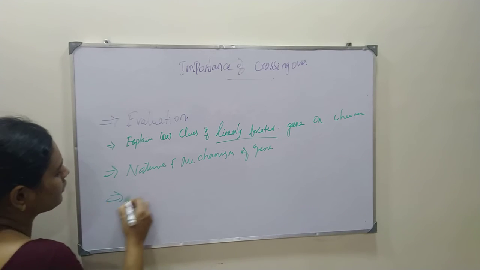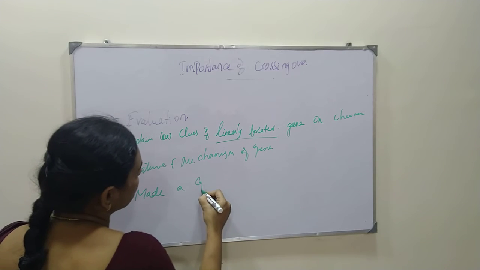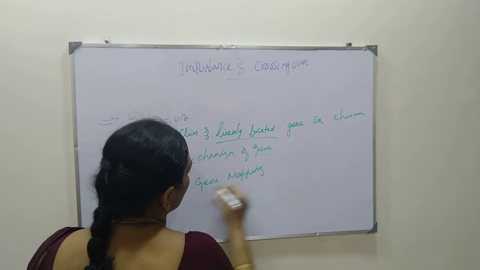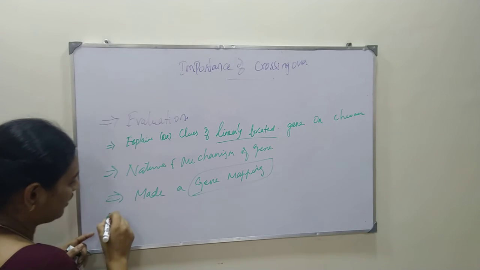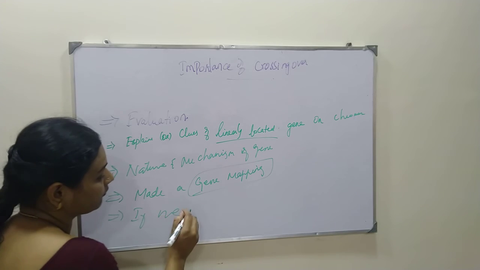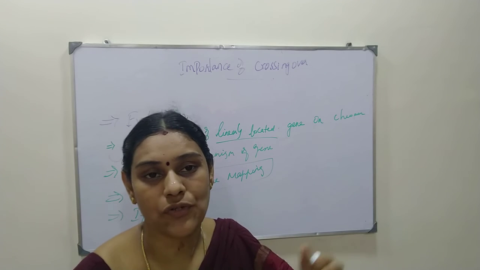Also, using crossing over we can make gene mapping. And if we get a very useful recombinant, it is used in plant breeding. This is botany, right?